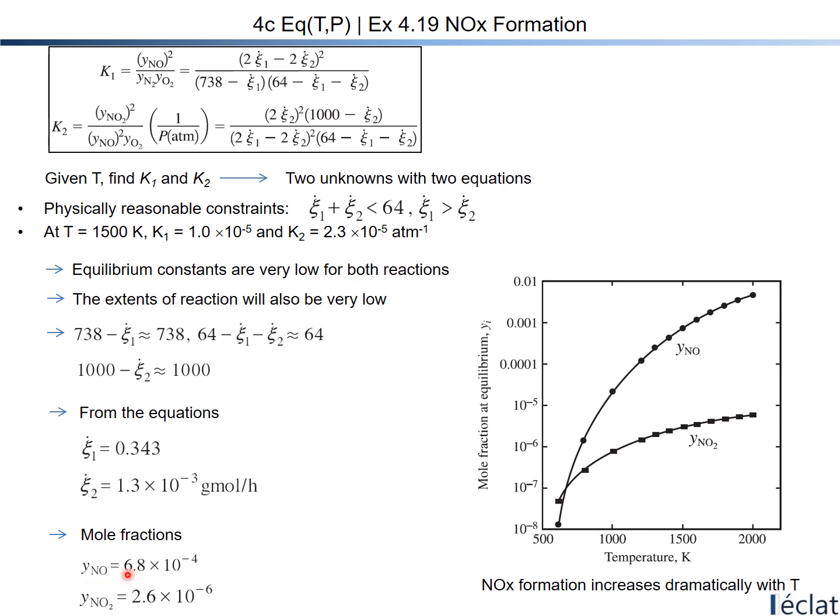The mole fraction of NO is 10 to the minus 4 and NO2 is 10 to the minus 6. This is the graph of the mole fraction at equilibrium for NO and NO2 over a temperature range. As temperature goes up, the mole fractions of NO2 and NOx increase.